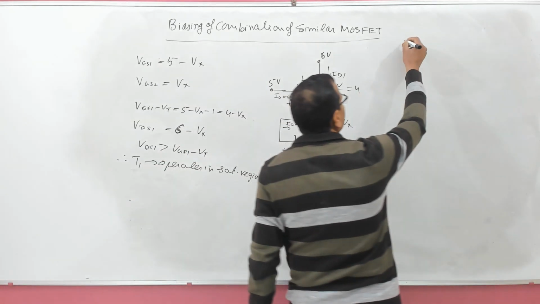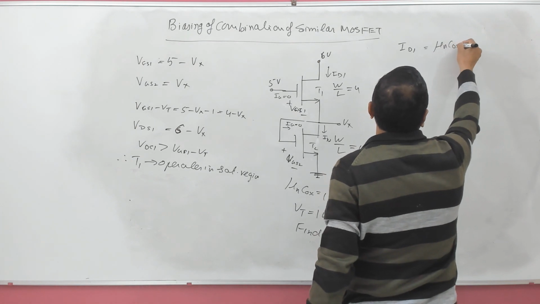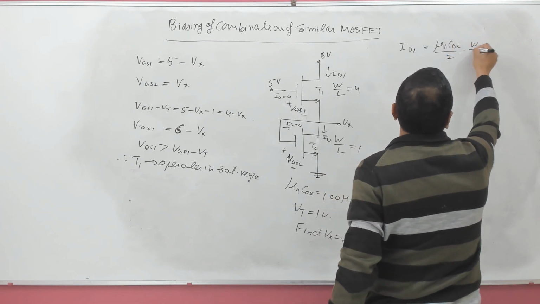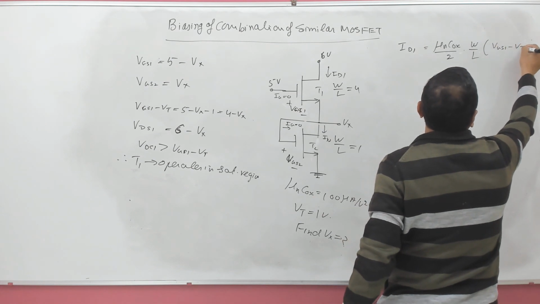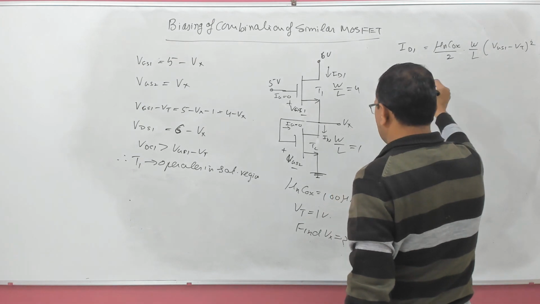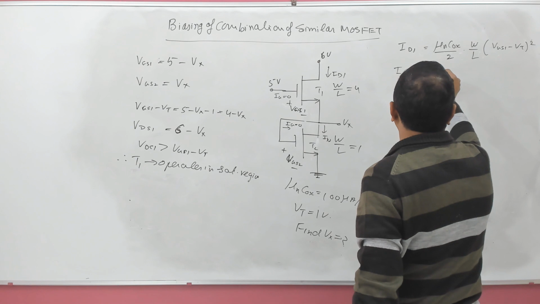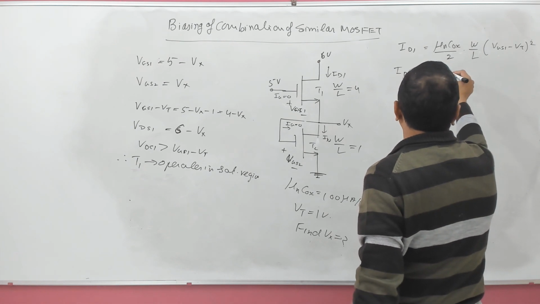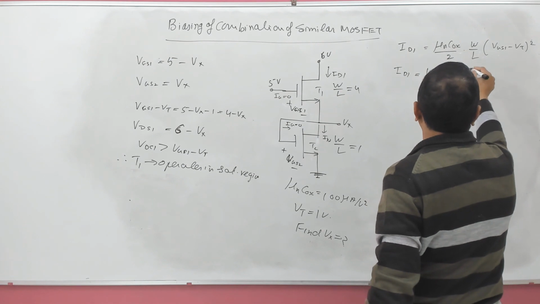So drain current for saturation region is what? ID1 is equal to what? Mu n C naught X by 2 W by L into VGS1 minus VT whole square. So ID1 must be equal to 100 by 2 into W by L, which is 4 here, multiplied by VGS1.